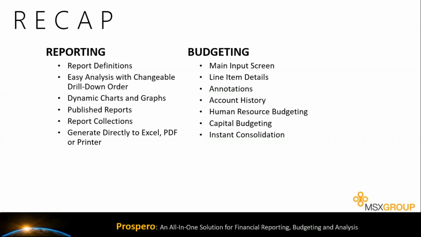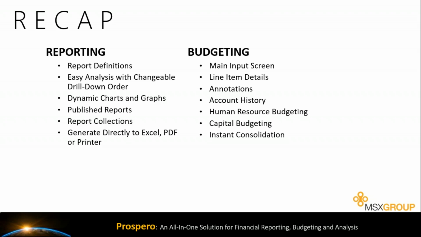I didn't look at account history, but for any account, we can track the history for anybody and the balances that are changed for that account. So you have account history where Prospero can show you who changed what balances and the date and time they changed them. So a great way for keeping track of changes by individual user inside Prospero.